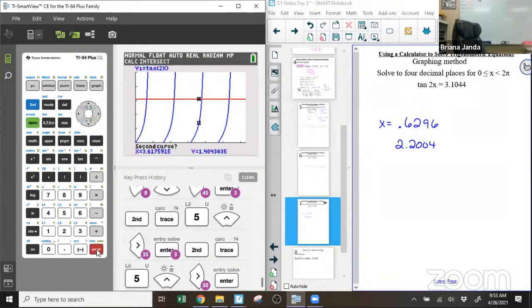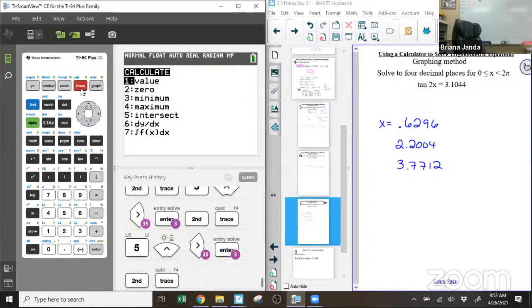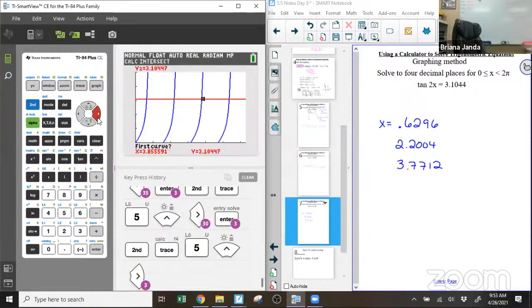I'm just telling you right now, first thing you should do is jump to your horizontal line. 3.7712. And our last answer is 5.34. Ooh, careful, 342. How'd you do on that rounding?